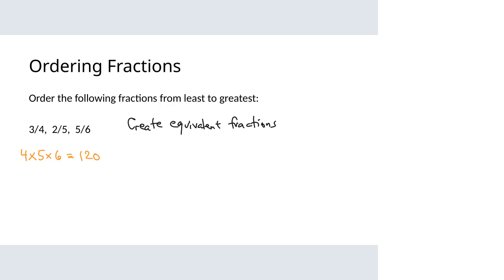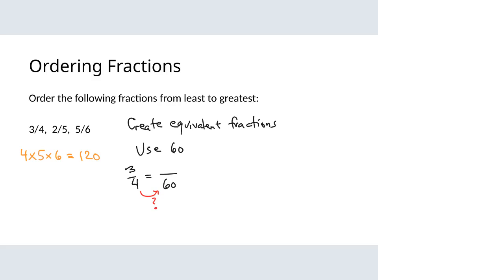If we use that 60, what we're going to do then is we're going to say, okay, I need to write 3/4 with a denominator of 60. And so the first thing I have to do here is think, what do I have to multiply 4 by to get 60? Well, off the top of my head, I don't know.